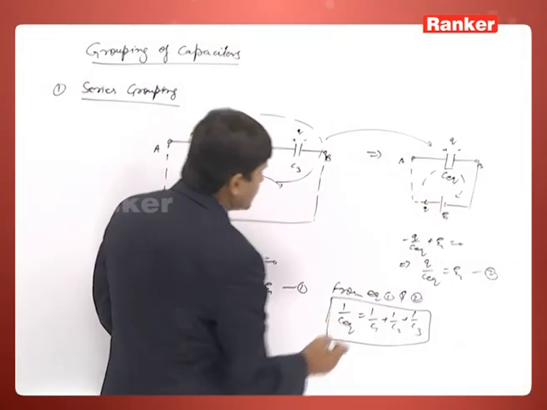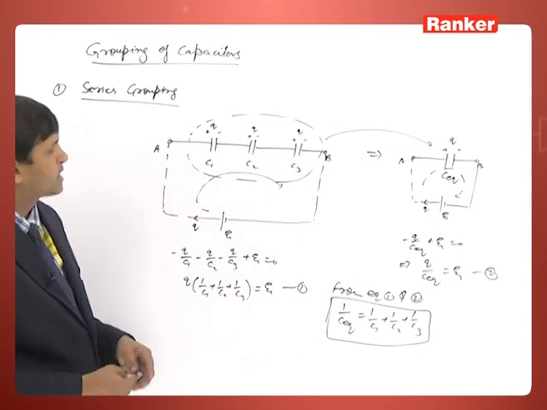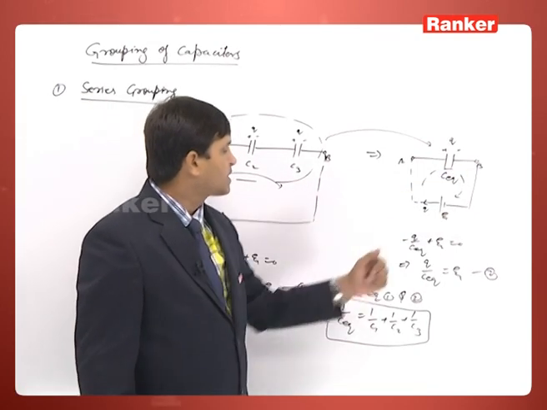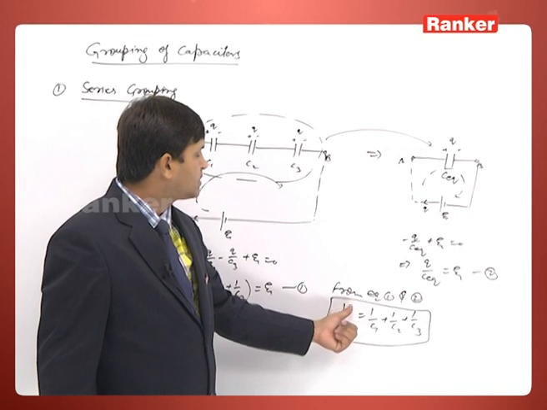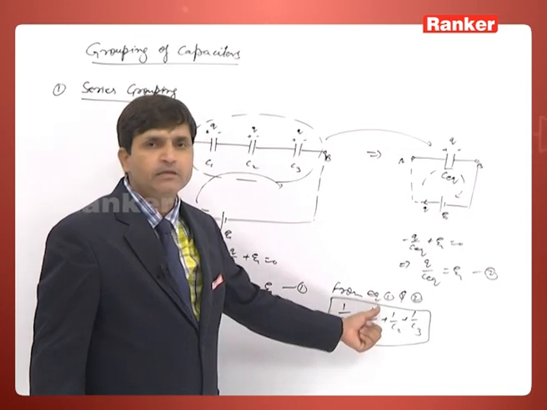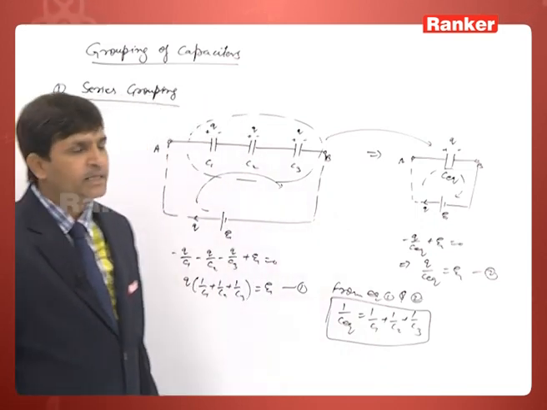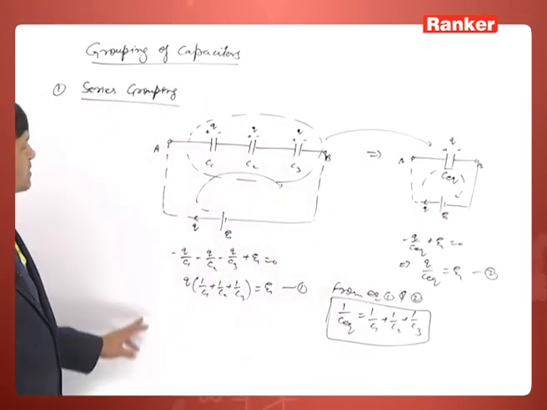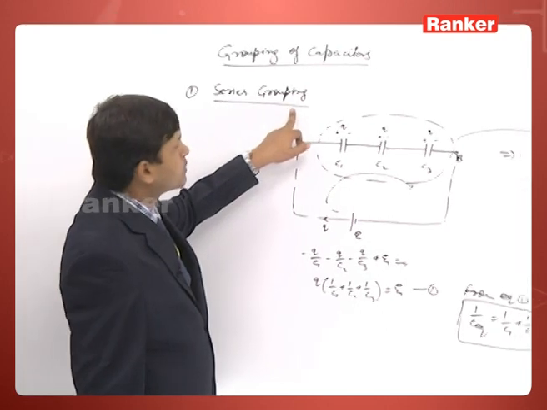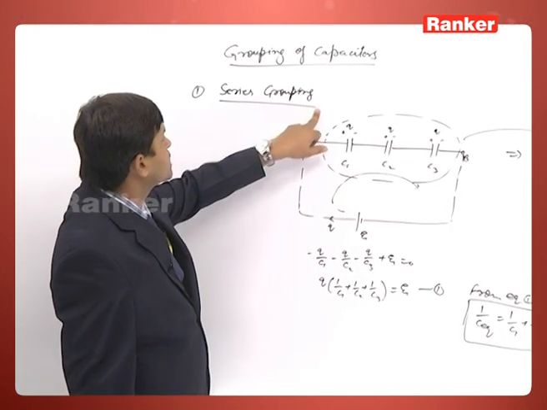It means if we want to calculate the effective value of capacitance, we can get it by using 1 by C equivalent is equal to 1 by C1 plus 1 by C2 plus 1 by C3. This combination is called your series combination or series grouping.